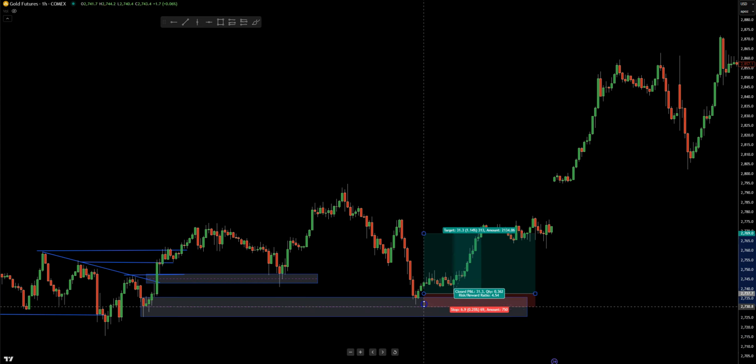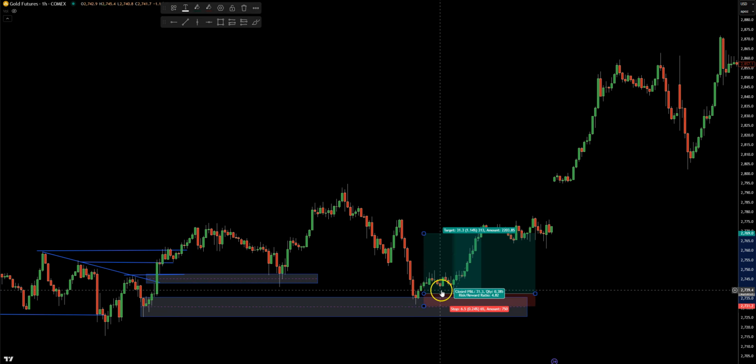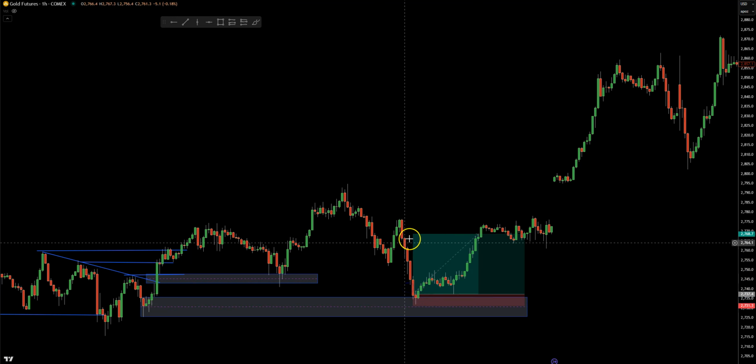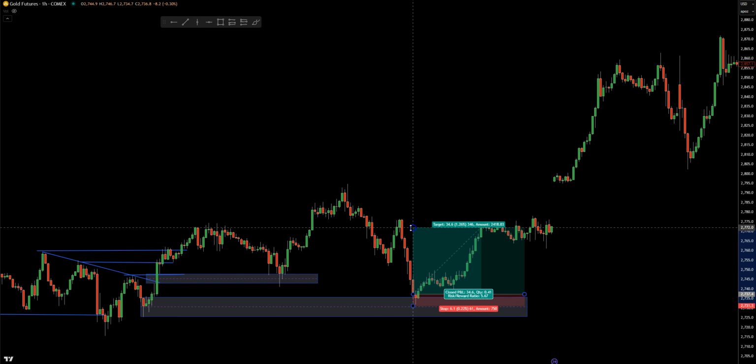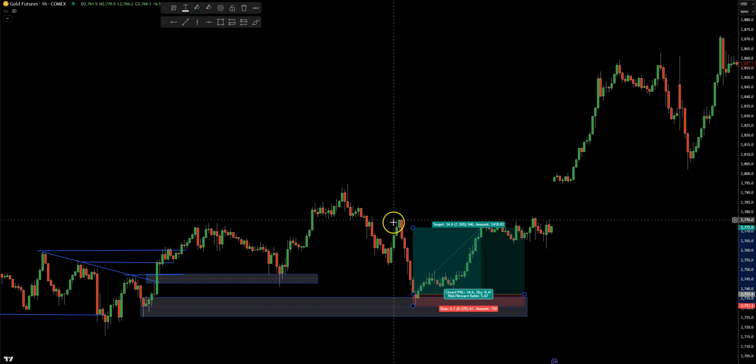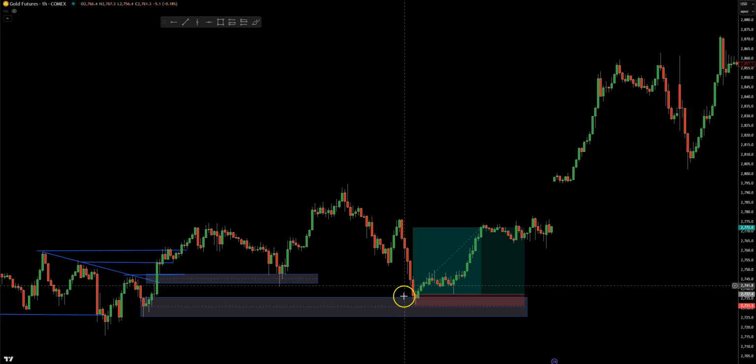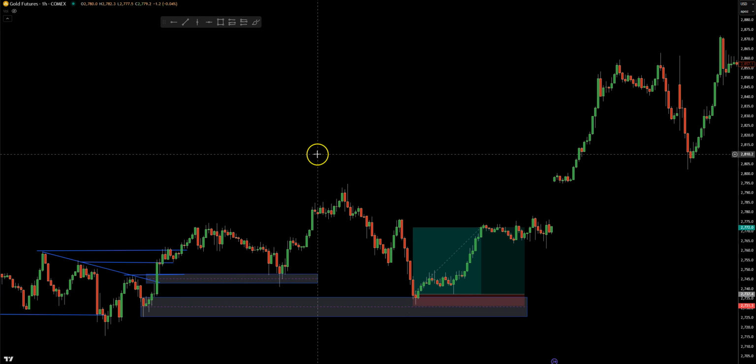And then I always put my stop losses a couple ticks under the low. And on this particular trade, I traded it to the bottom side of that, assuming this is a new supply zone that could be reacted off of because we made a structure low.